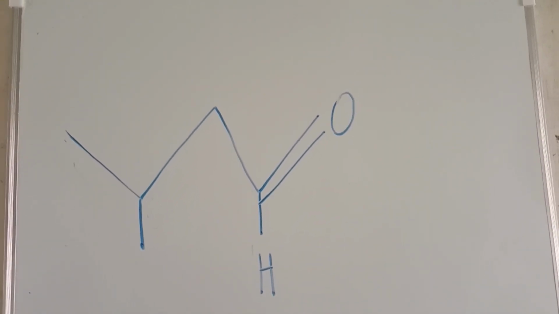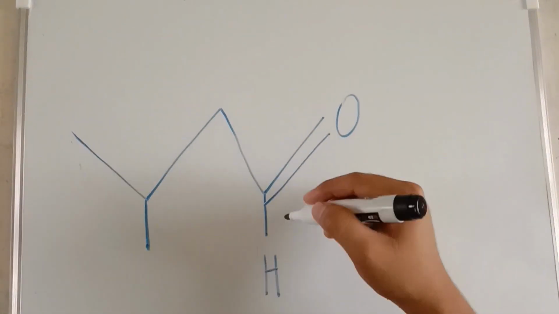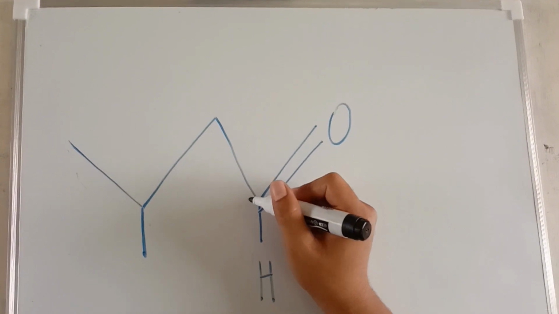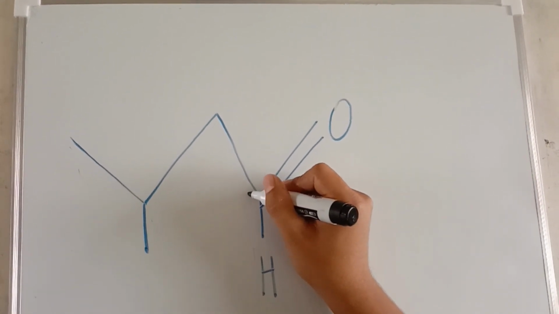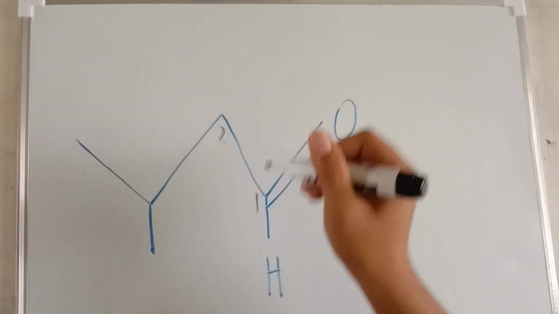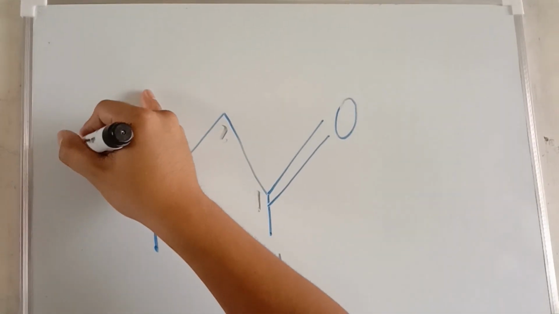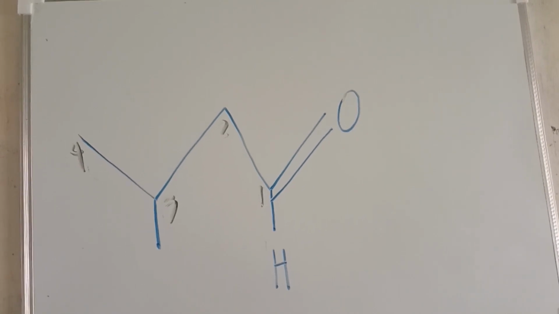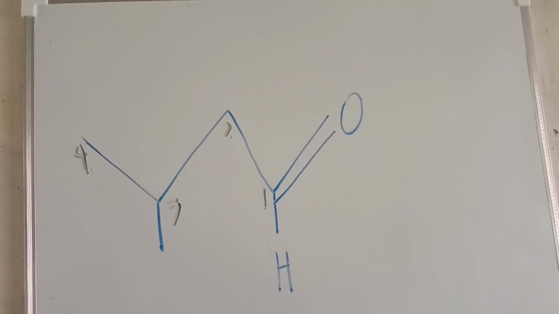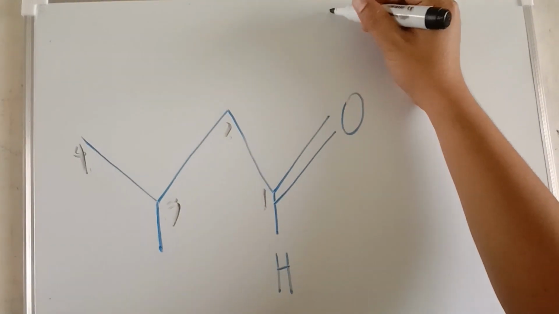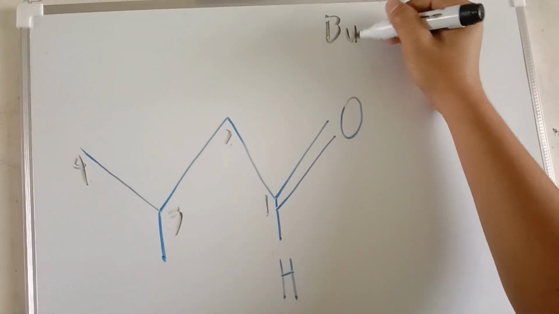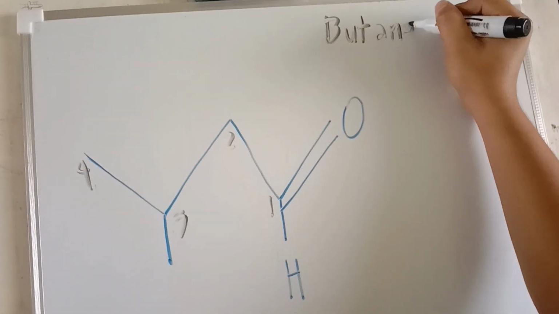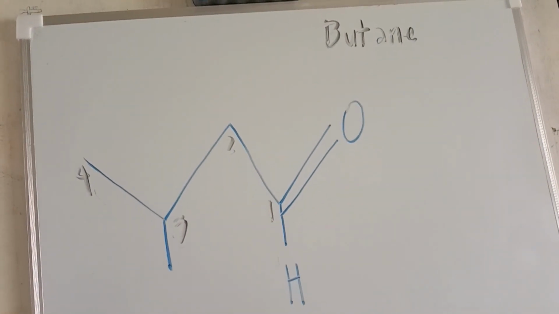As we can see, this part is the carbonyl group, right? So we are going to start the numbering here. So this is carbon 1, 2, 3, and 4. Since we have 4 carbons, we are going to use the prefix but, and add ANE because it is only a single bond.